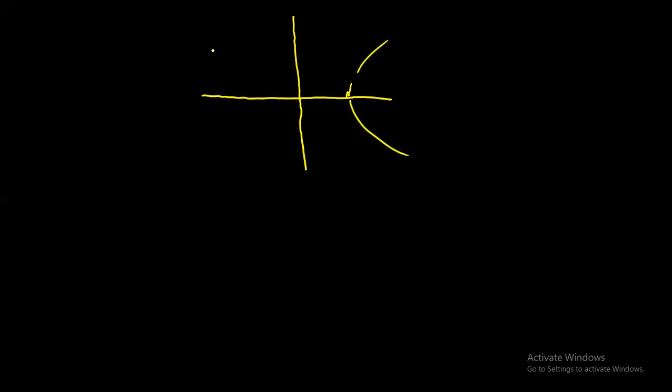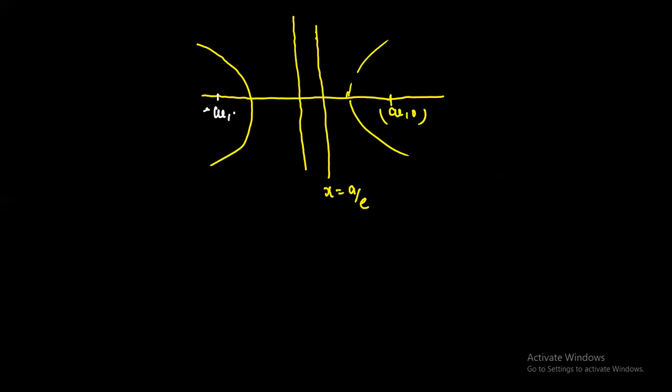See, there are two foci, and each focus has one directrix. For the focus (ae, 0), the directrix equation will be x is equal to a by e. For the focus (minus ae, 0), as it is symmetric, its directrix will be x is equal to minus a by e.